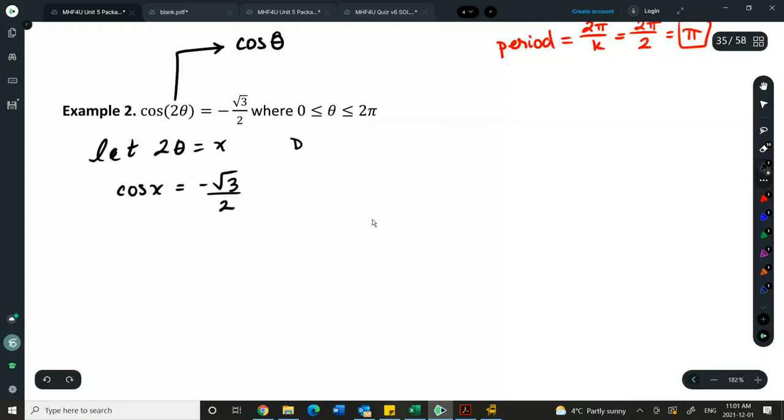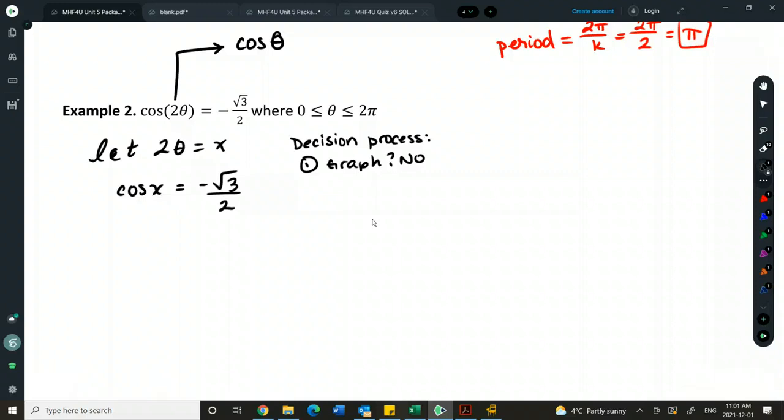Okay, always decision process, guys, because if we can leave these in exact values, then we're going to. So our decision process is, can I use a graph for this? That would be a no. It is cos, but it's not equal to 0, 1, or negative 1. Could I get an adjacent over a hypotenuse of root 3 over 2 from a special triangle?